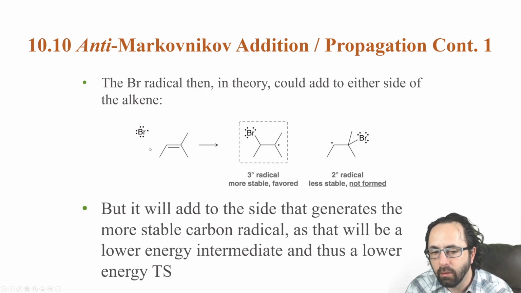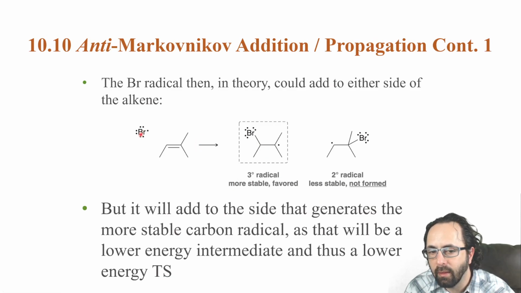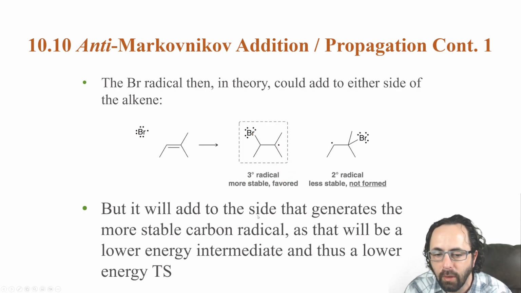It's important to understand this mechanism, because this is going to help you remember that when you react one of these radical initiators with HBr, you ultimately produce a bromine radical. You're going to get an addition to a double bond here that's going to produce a radical that's in the more substituted position. And thus, ultimately, when the hydrogen abstraction finishes this off, the halogen is going to add in the anti-Markovnikov position.